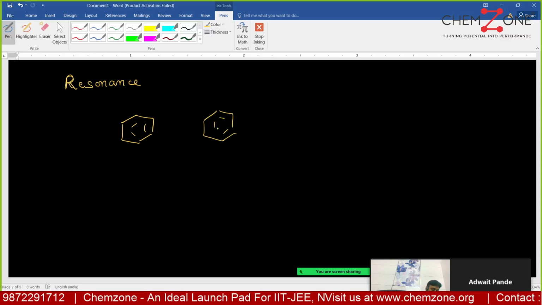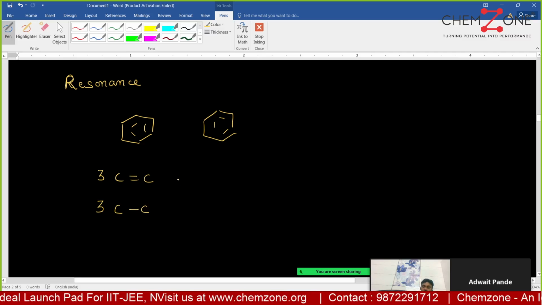Yeah. It means I can say there is a carbon double bond in both molecules, and a carbon single bond in both molecules. How many? Three double bonds in both, three single bonds in both. If the molecule has a double bond, the bond length should be 1.34 Angstrom in case of a double bond and 1.54 Angstrom in case of a single bond.